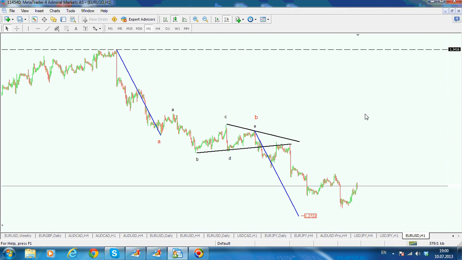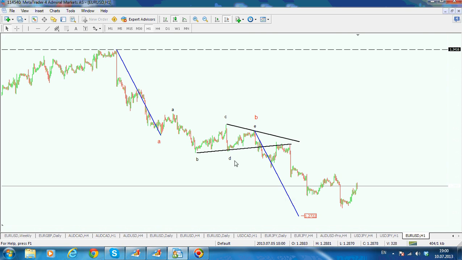So while I would not rule out another move to the downside to take the recent lows here, it might be that the move is already done. If you are looking at the structure, this is a nice 1, 2, 3, 4, 5 impulsive move, then a contracting triangle, and there you go.